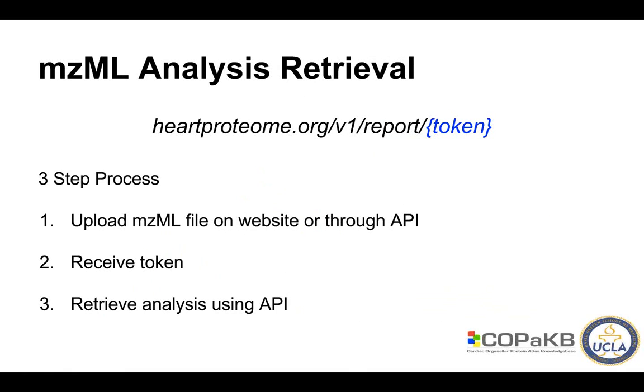We're currently looking into alternatives for uploading the file. Currently we use a .NET framework called Neat Upload, but we're looking for faster alternatives, maybe Aspera or another transfer protocol. Once you do that, you'll receive a token, and then you'll be able to retrieve the analysis using our API.